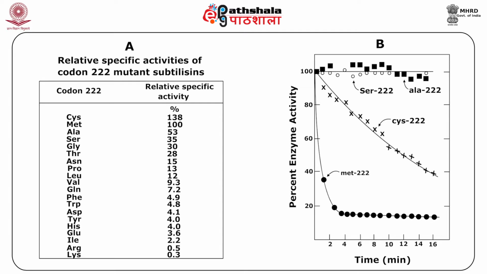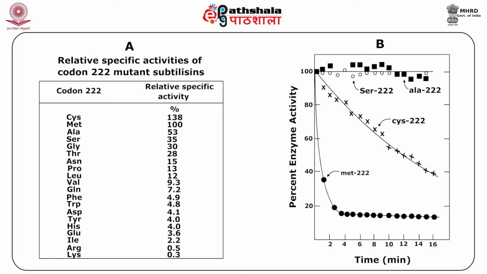We can see in figures A and B that the relative specific activity with these substitutions, with cysteine, is 138%, with alanine it is 53%. However, the time of exposure in the presence of bleach is basically not hampering the activity if this methionine 222 is replaced by alanine or serine.